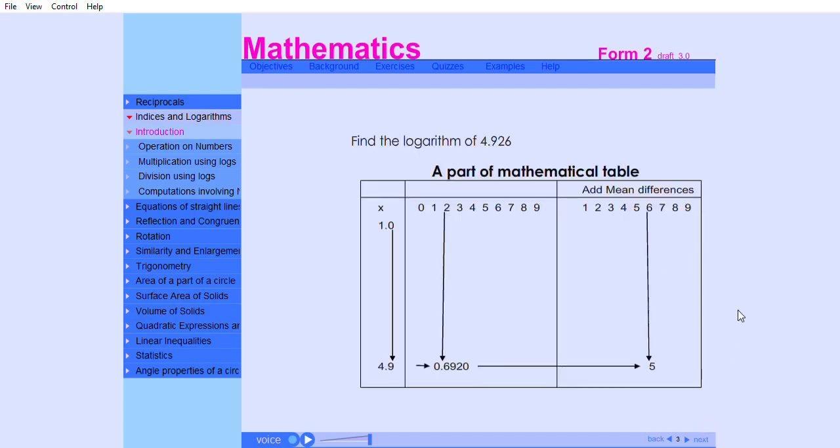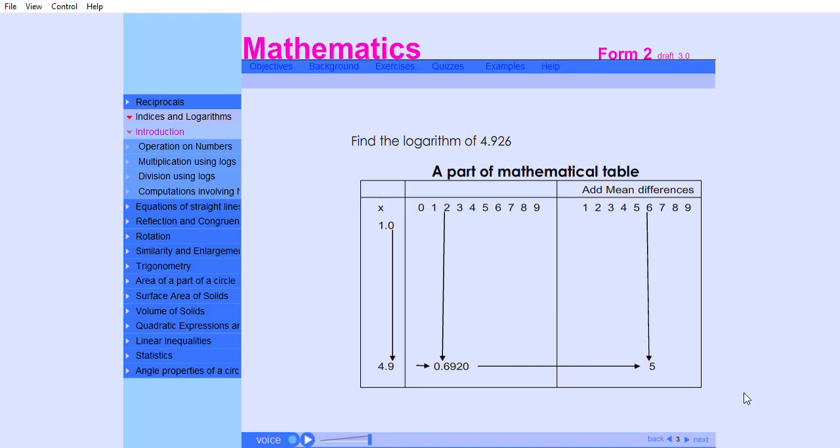For example, logarithm of 4.926 is obtained as follows. In the column headed X, read 4.9, then proceed horizontally to the column headed 2, read 0.6920.